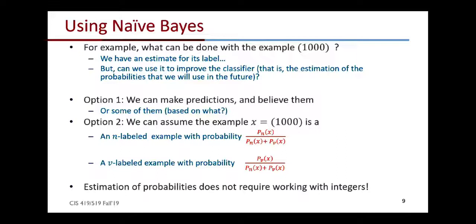And notice that it generalizes option one, in the sense that if you have an example where you're not so confident about it, which means P of n and P of v are about the same, essentially this example will not be taken into account when you compute the parameters.